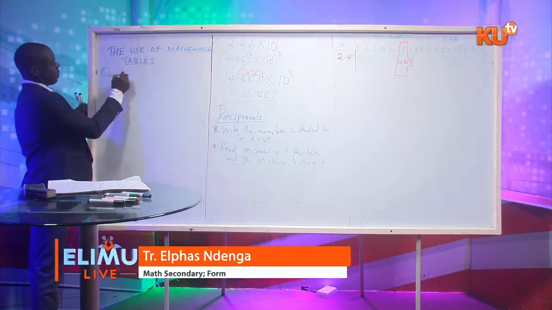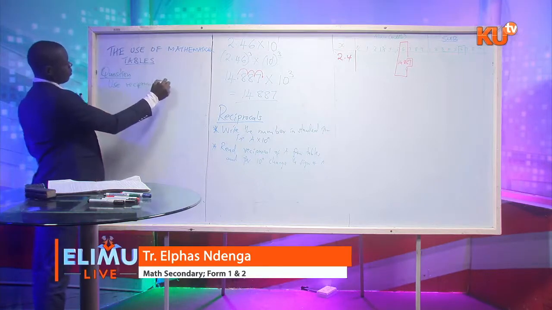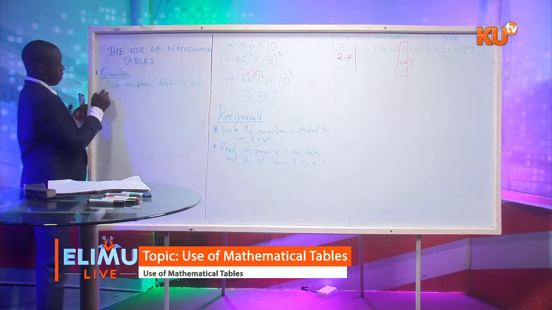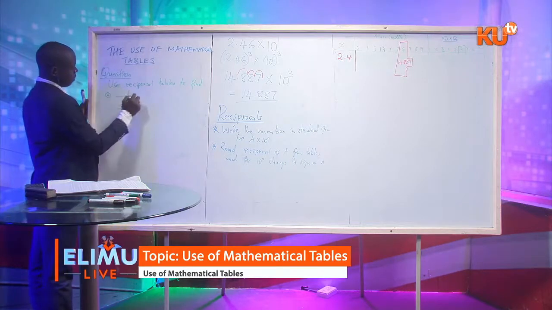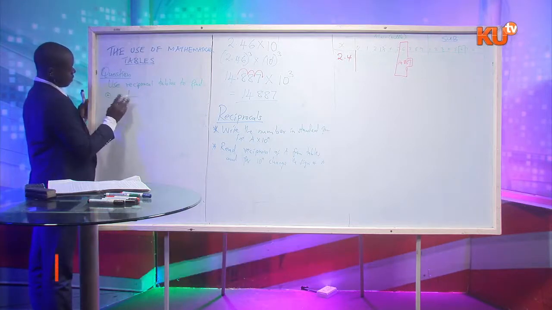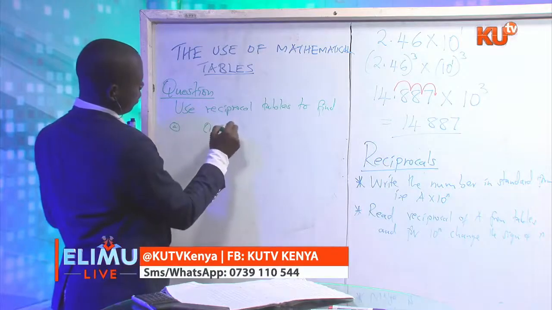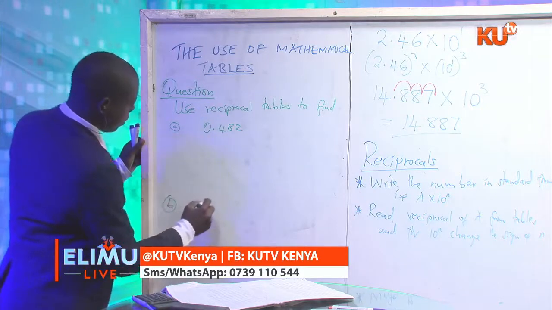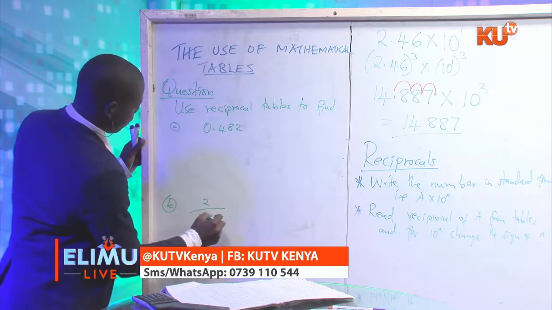Let's see the question. Use reciprocal tables to find 1 over 0.482. Then I will compare it with 2 over 0.635.